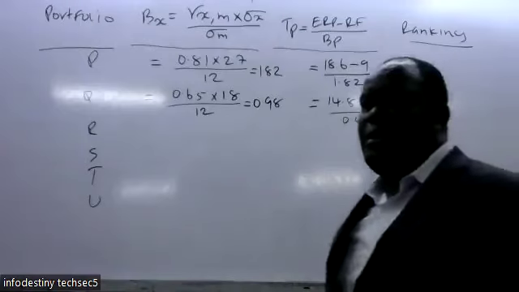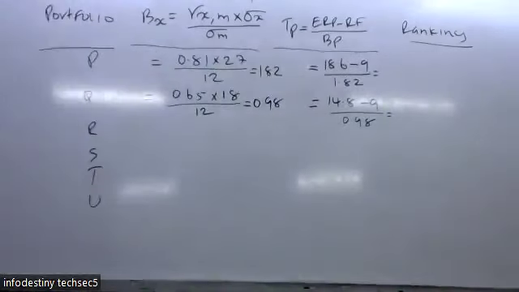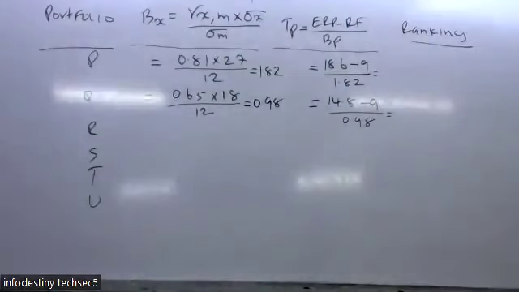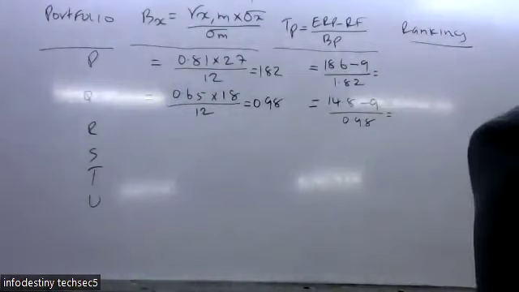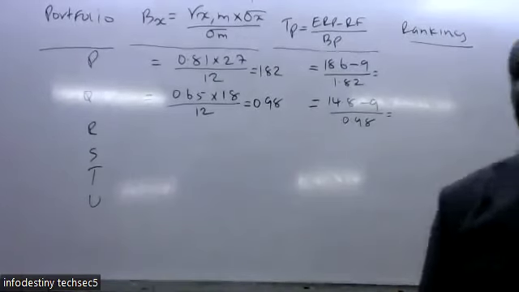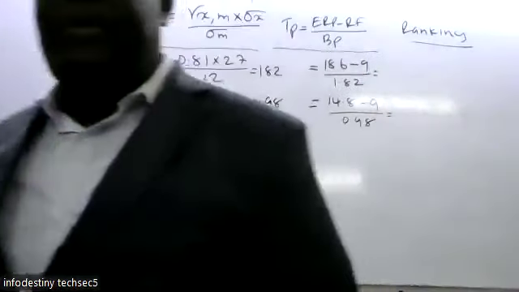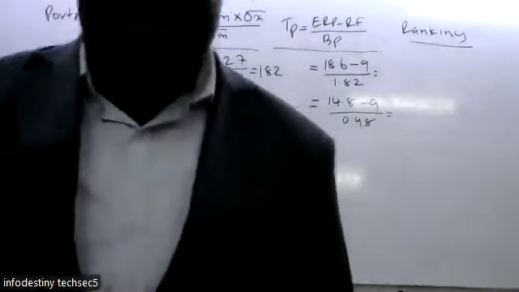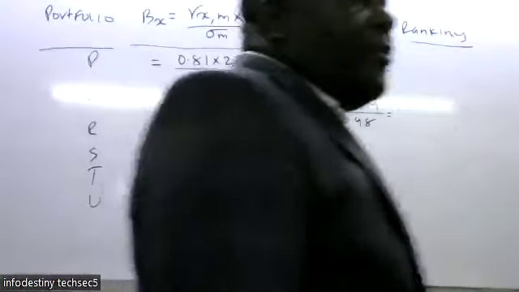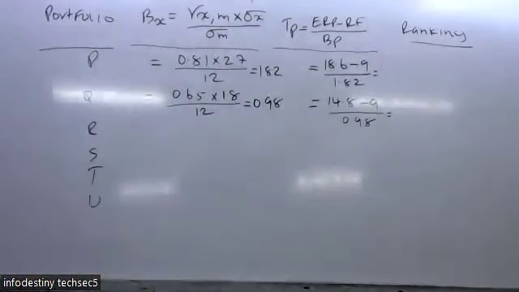Then reason number two is that the Sharpe's measure operates under the assumptions of the portfolio theory, while the Treynor method operates under the assumptions of CAPM.